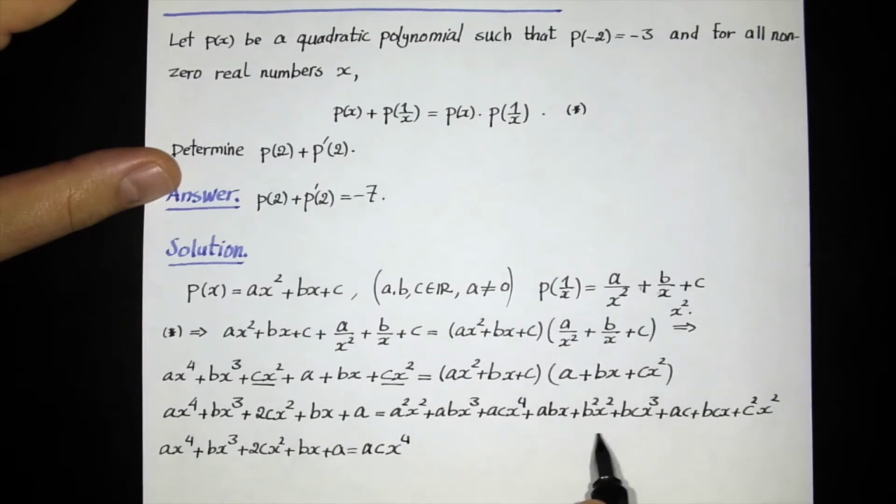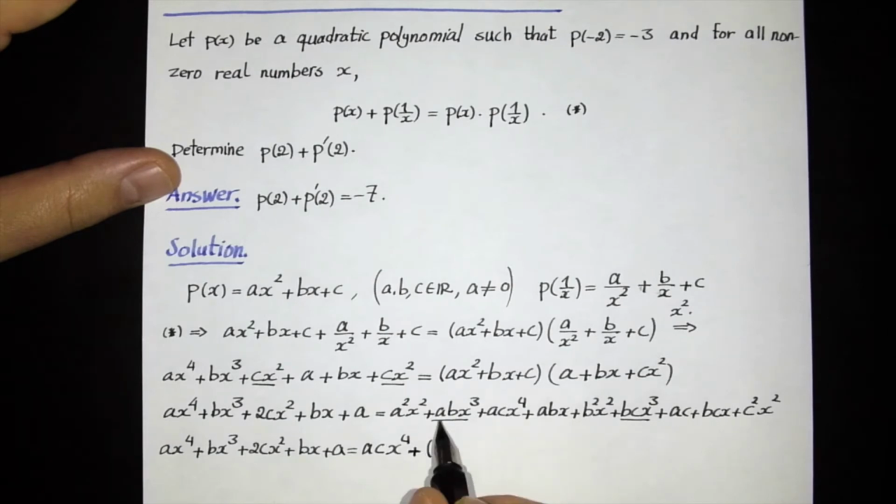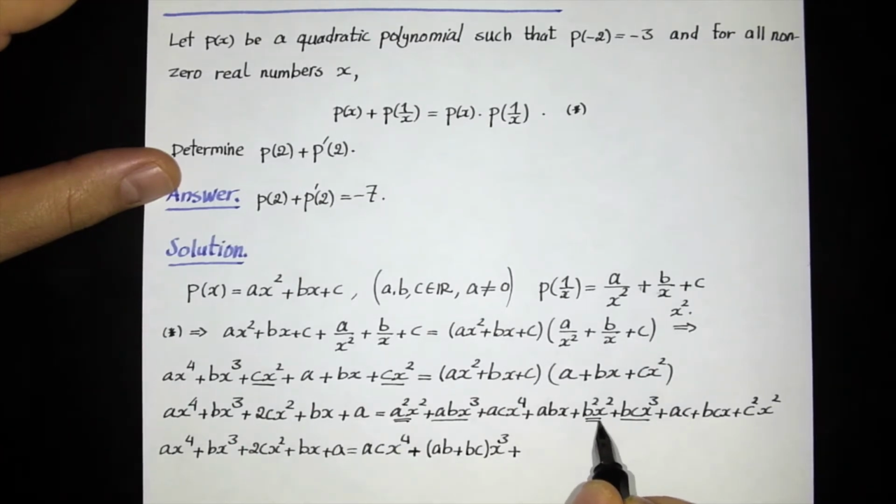And then I have two terms containing x cubed, so let me factor x cubed out. From this one ab is left, from this one bc is left, and x cubed is outside now, plus how many terms with x squared I have? 3 of them. One is here, the second one is here, and the third one is there.